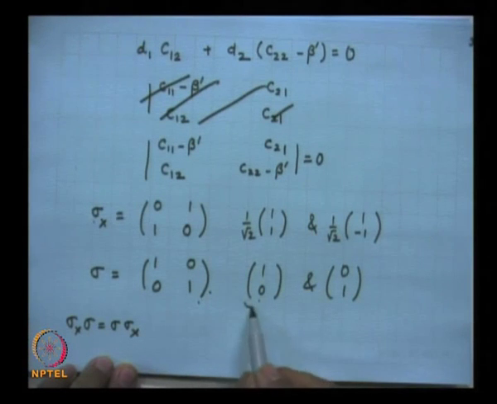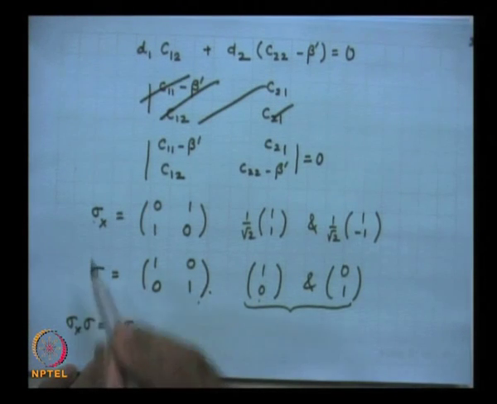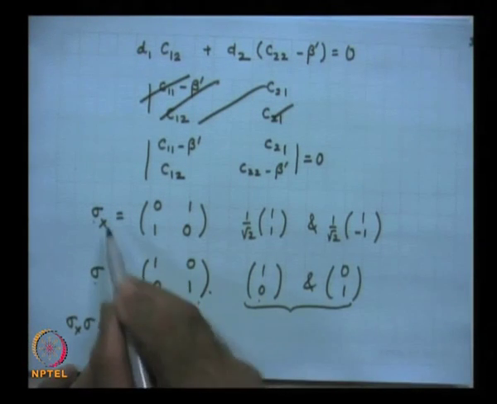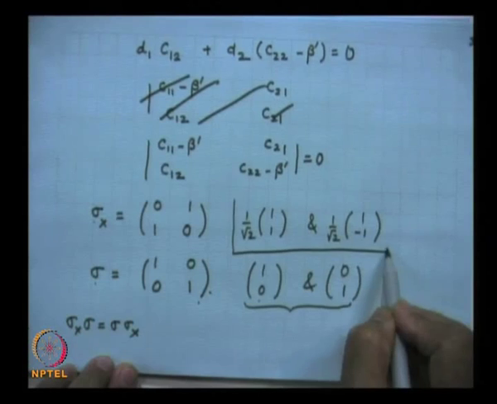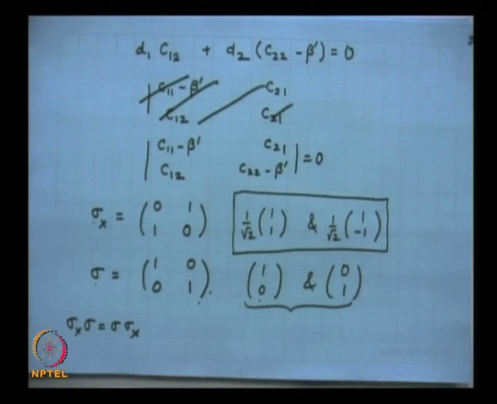But I can always choose a linear combination which are simultaneous eigenkets of sigma and sigma x, and that linear combination in this particular case is this. These are the two orthonormal vectors which are simultaneous eigenkets of sigma x and sigma.